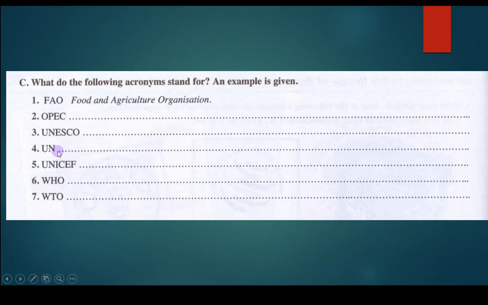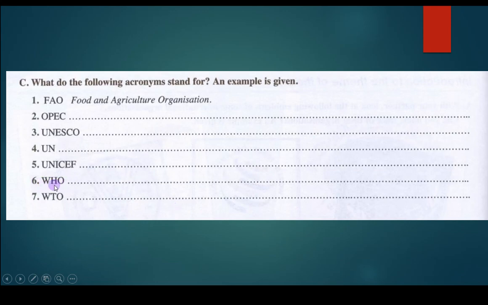UN means United Nations الأمم المتحدة. UNICEF كما شفنا United Nations International Children's Emergency Fund. احنا تكلمنا عليها قلنا شنو هي. أي منظمة الأمم المتحدة للطفولة. 6.